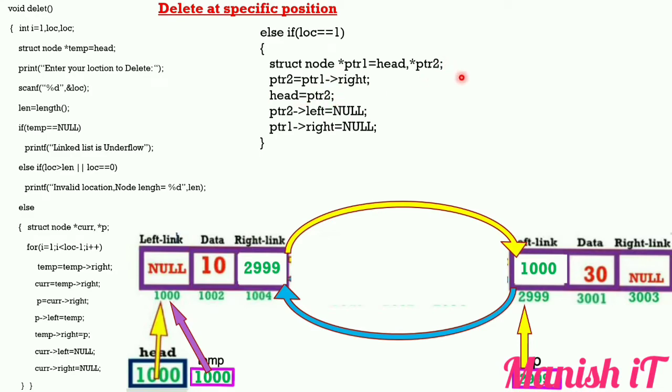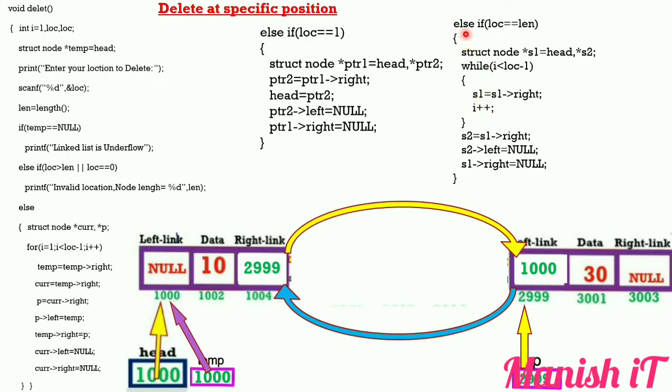Now I want to delete the last node. How to delete it? For that, I have to write the logic like this: s1 and s2 pointers. S1 stores head, which is pointing to the base address, and we traverse just before the last node.